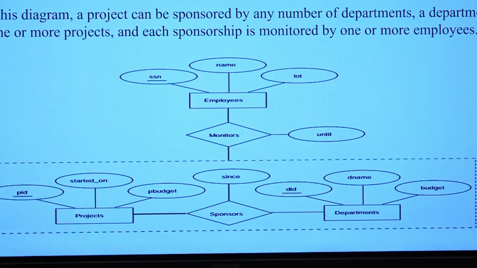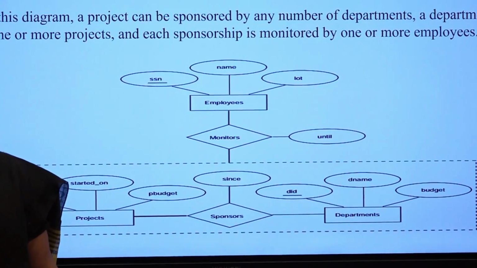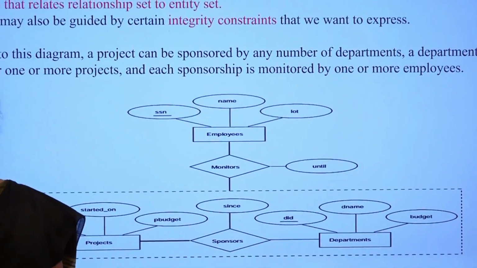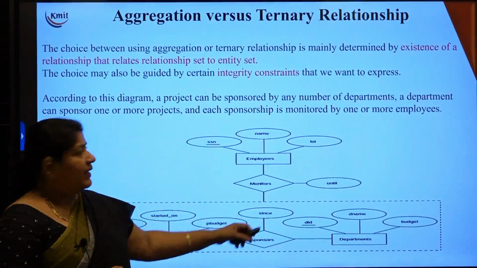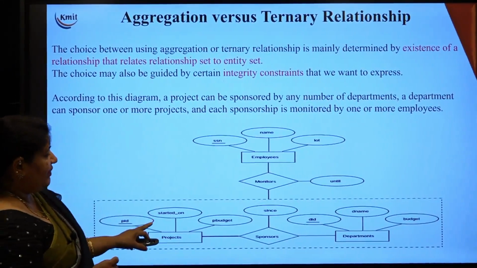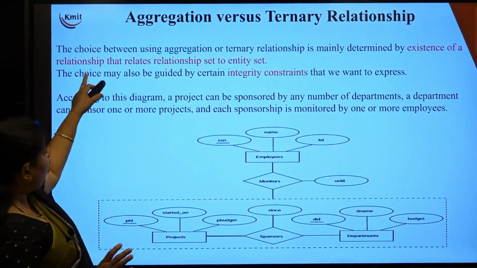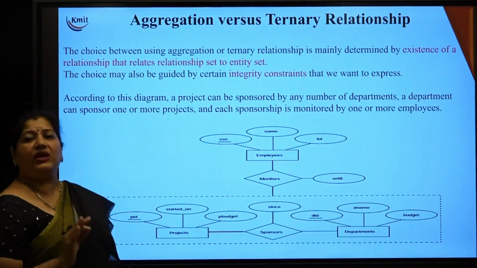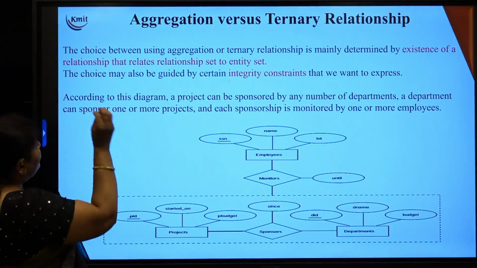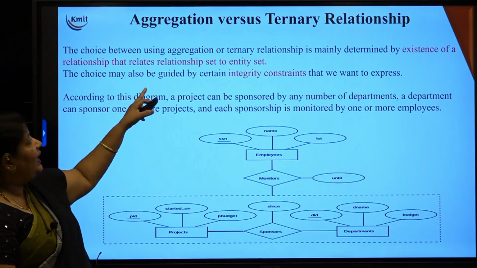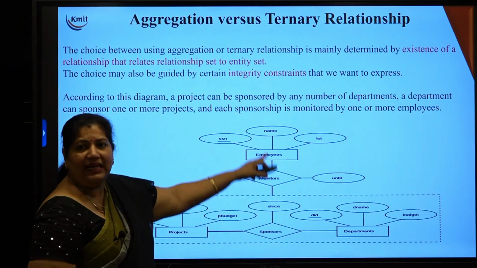Now, this again depends upon what kind of information you want to retrieve from the data or what kind of constraints you are imposing on the data. Let us consider this example. Generally, when do we go for aggregation? The choice between using aggregation or ternary relationship is mainly determined by the existence of a relationship that relates a relationship set to an entity set.